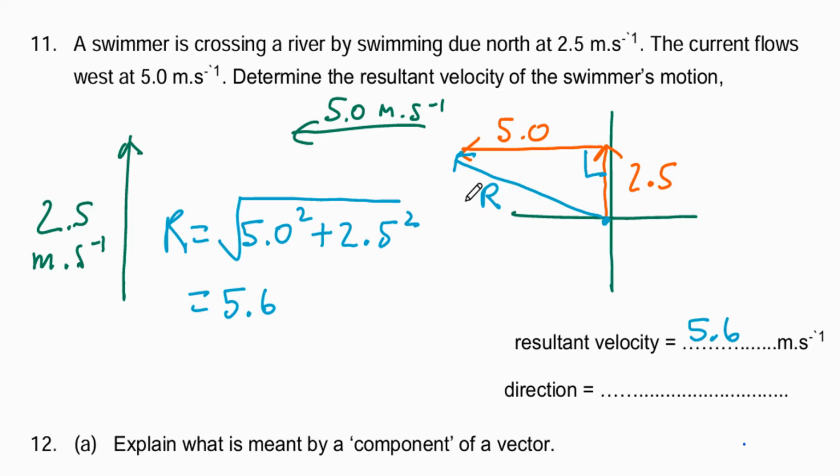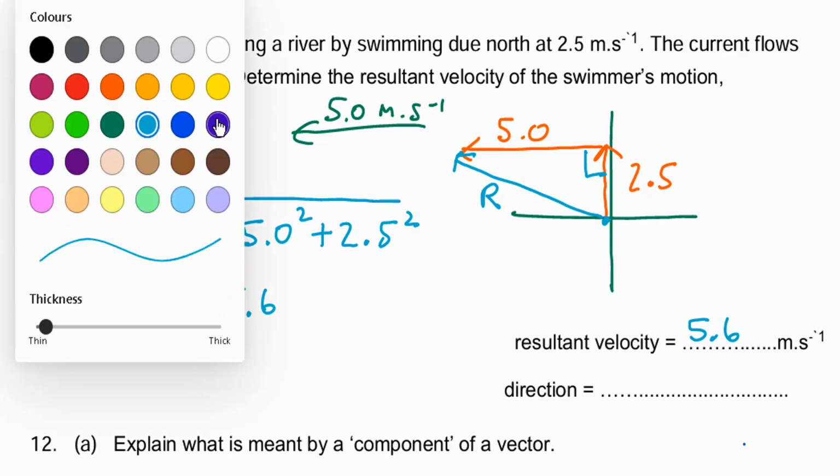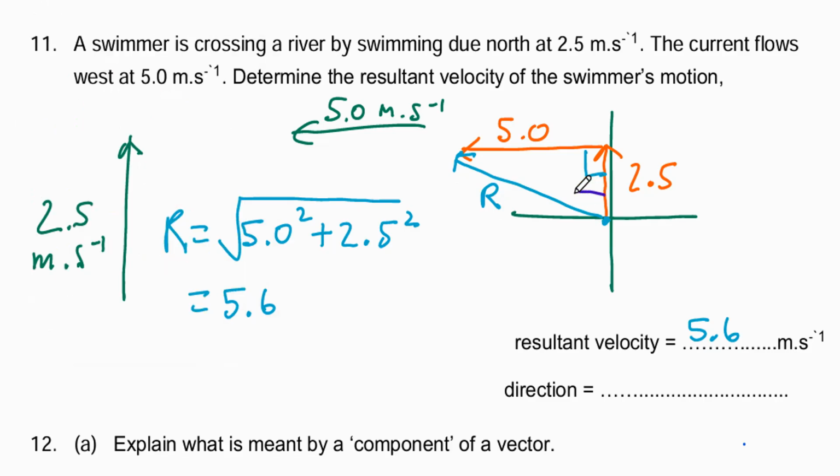We also have to give the direction. So we can let this angle be theta. So the tan of theta using basic trig will be 5 over 2.5. And we can do this on a calculator.